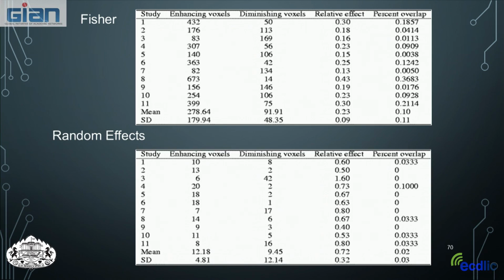You can see here, Fisher's technique really can change the number of voxels in the group map by adding or taking away a single subject. On the other hand, using the random effects model, adding or deleting a subject did not affect the complete group map as much.